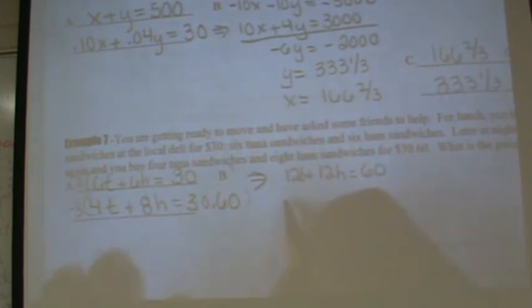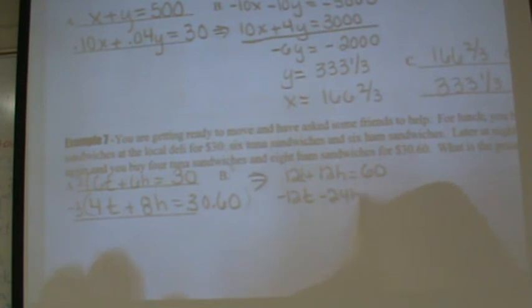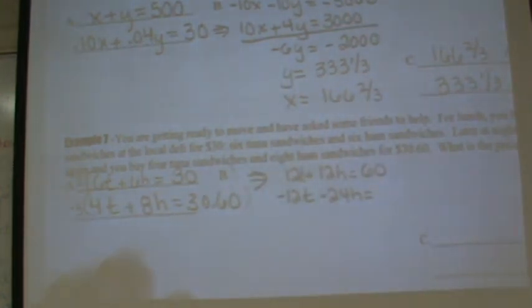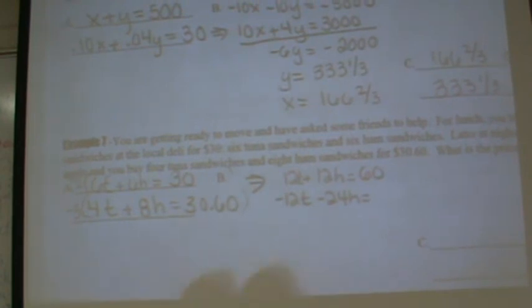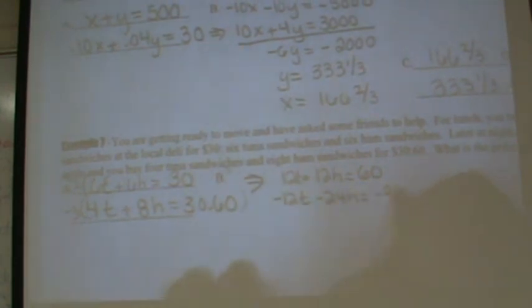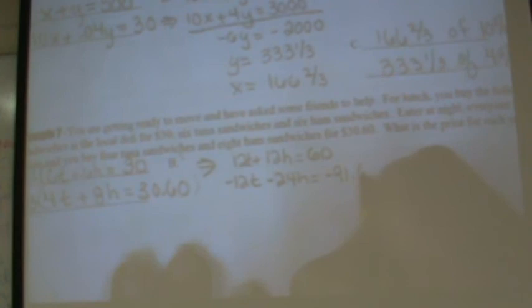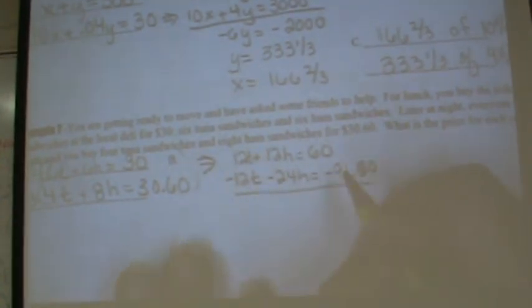And the bottom one, -12t minus 24h is gonna give you a negative. $30.60 times -3 is negative 91.80. So you get 12 minus 24 is -12h.